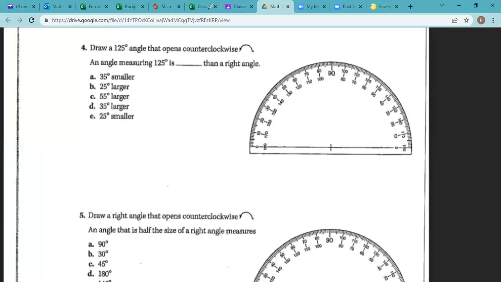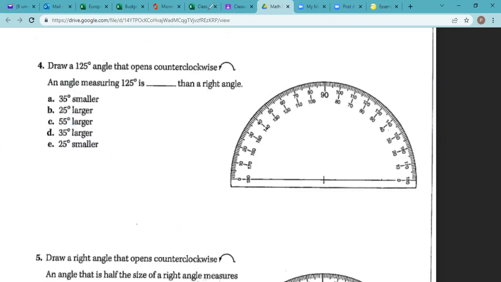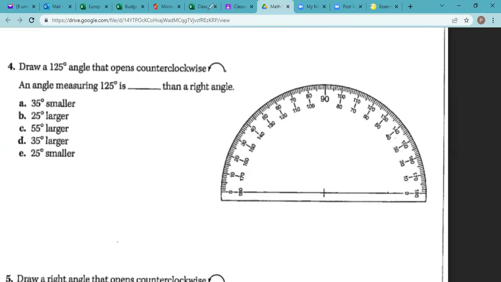Okay, number 4. It says that you're going to draw a 125-degree angle that opens counterclockwise. So what this means is we're going to start off to the right. Right? And the 0, we're looking at the inside number of 0. So that's where we're starting. And we need to go all the way with our other leg to 125 degrees. Now remember, we're going on the inside numbers.